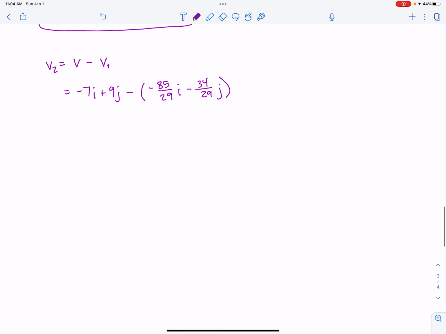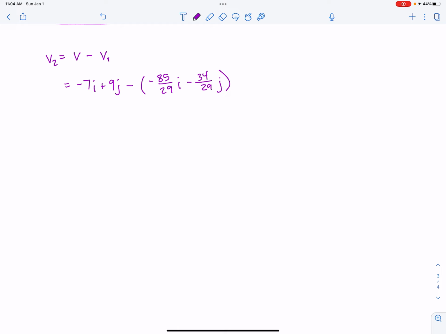So if we subtract the i's, -7 plus 85 over 29, we will get negative 203 over 29 i, plus 85 over 29 i.